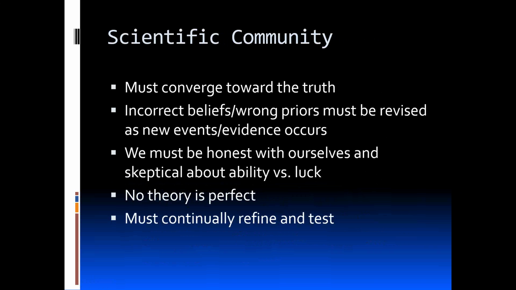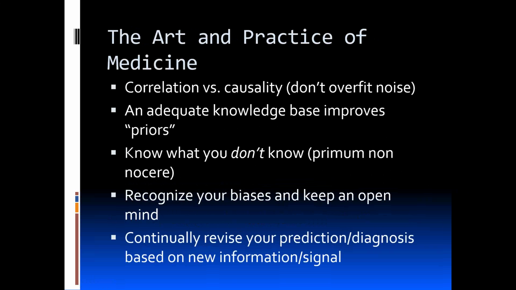And so as an individual, treating an individual patient, we need to be very realistic about our abilities. No theory is perfect, and we must continually refine and test hypotheses in medical research.